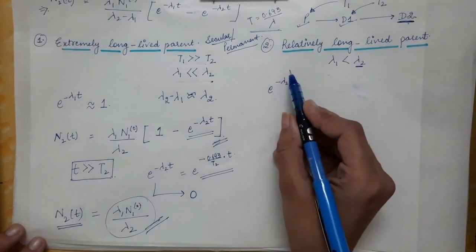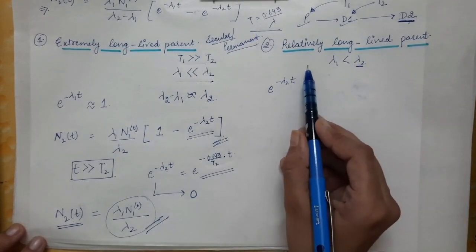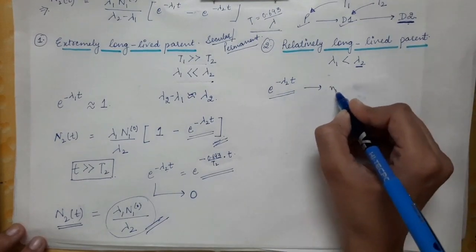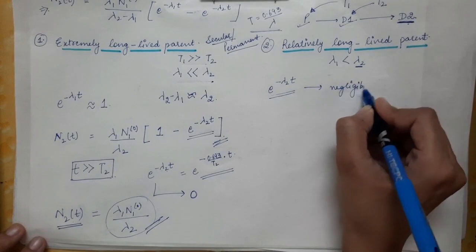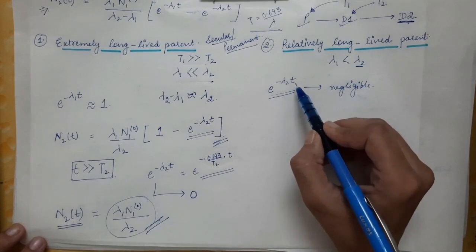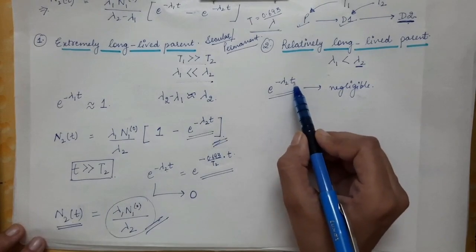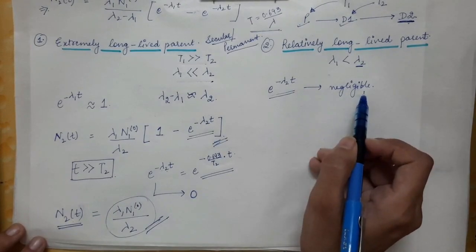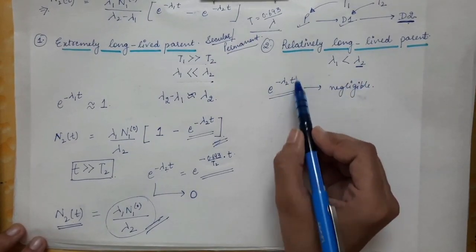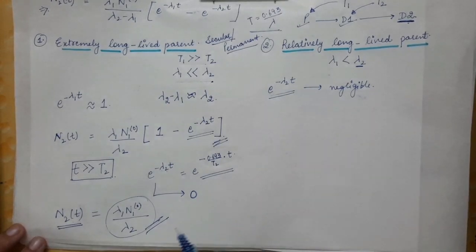So as time increases, the e power minus lambda 2 t term will become negligible, because lambda 2 is greater than lambda 1. The e power minus lambda 1 t term will not become negligible, but the e power minus lambda 2 t term will start becoming negligible, and as time increases, lambda 2 t approaches infinity, and e power minus infinity approaches 0.